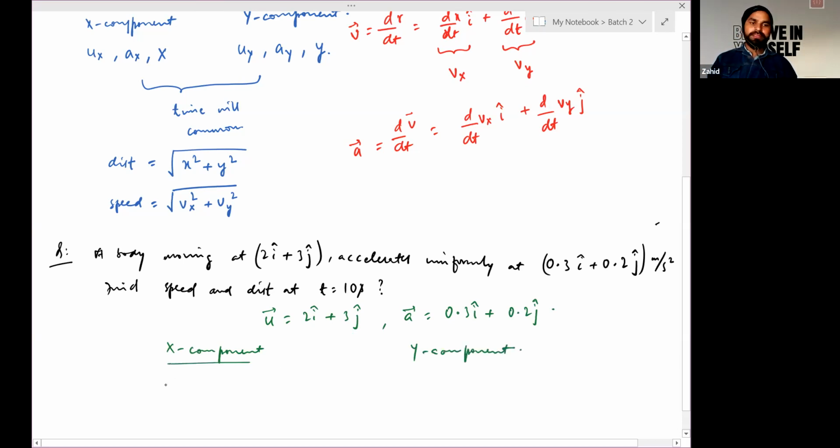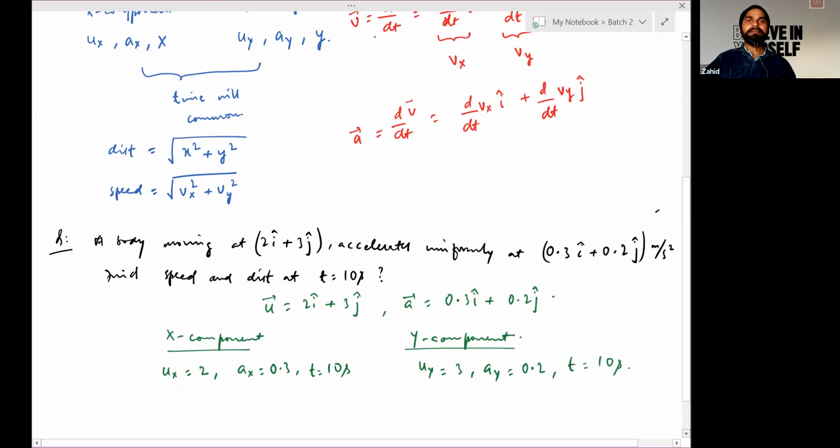For the x component, initial velocity would be 2 and acceleration would be 0.3. We have to calculate for 10 seconds. Similarly, for the y component, initial velocity is 3, acceleration is 0.2, and time is 10 seconds. Is it clear?